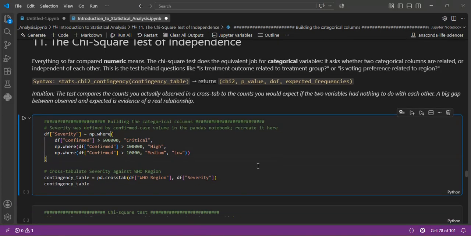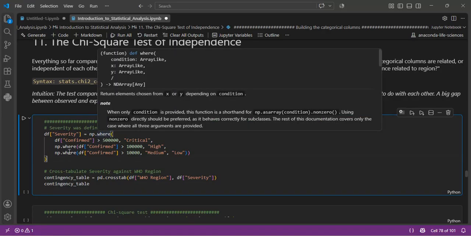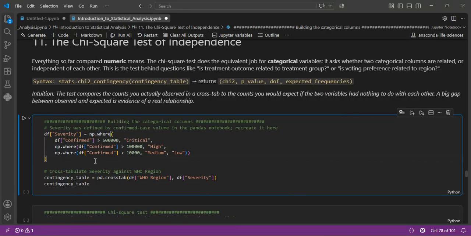Let's see the implementation over here. Here we are going to build a categorical column called severity. So we are adding a new column, and in this column, we are going to use some conditions. We say np, which is numpy, where df confirmed is greater than 500,000, the label is critical, 100,000 high, then greater than 10,000 medium, else all the rest should be tagged low.